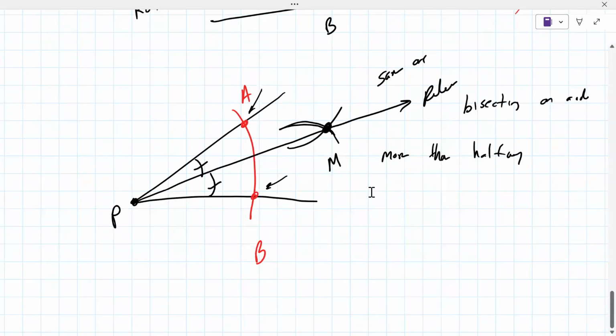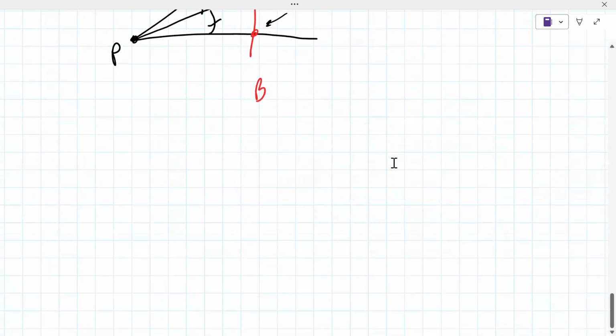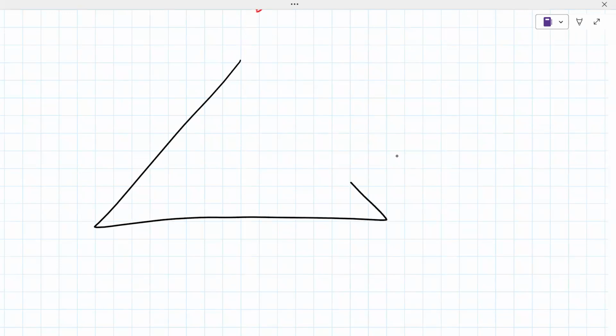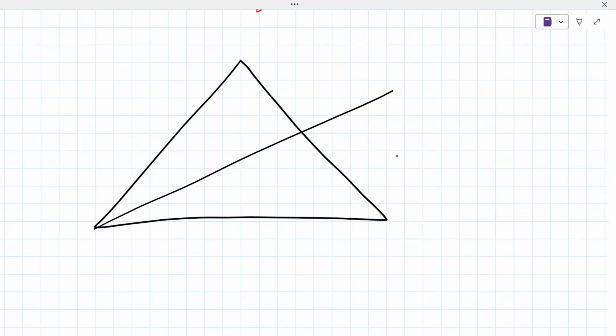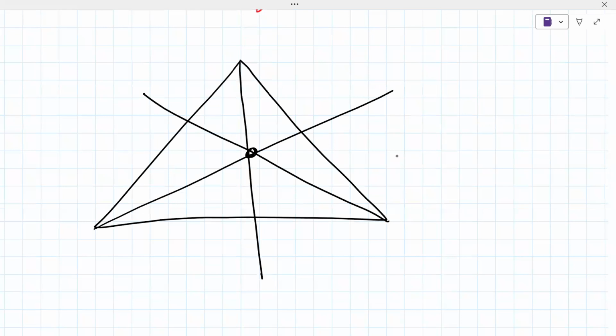Now you might be like, well, why would I ever want to do this? Well, you'll be given problems like this where there's a triangle and you end up bisecting the angle, bisecting the angle, bisecting the angle, and they all meet in one point, which is called something. You'll start noticing some of this stuff now in movies and things, like religious symbols.